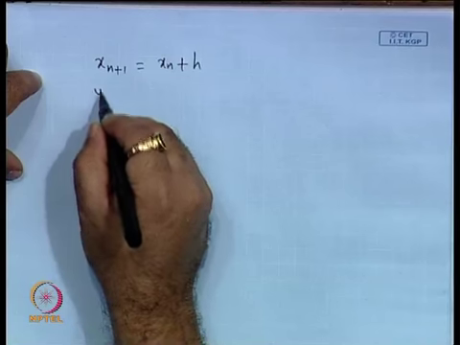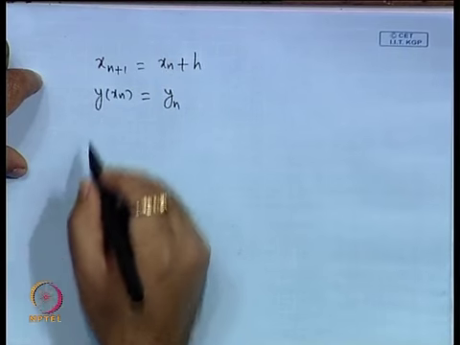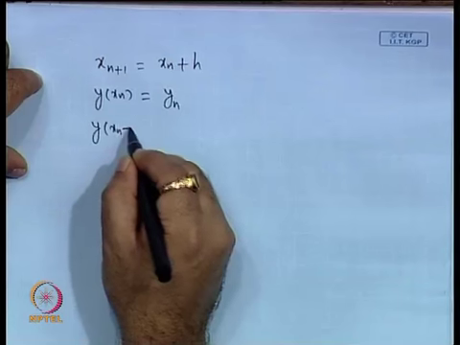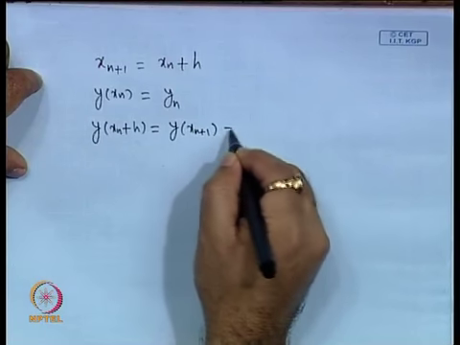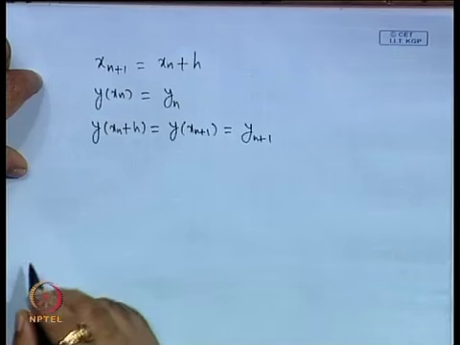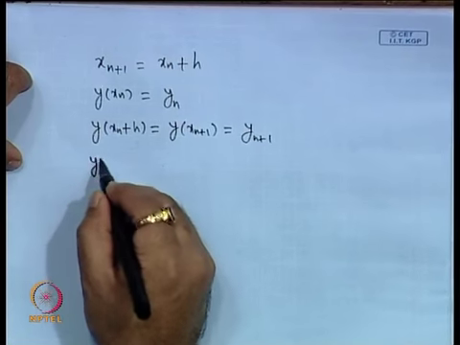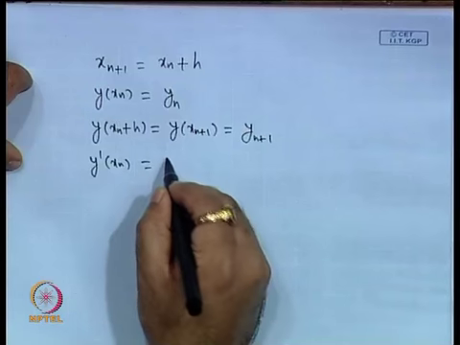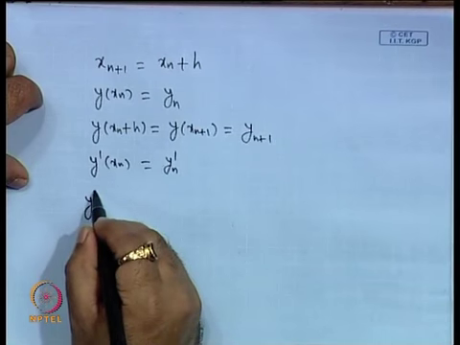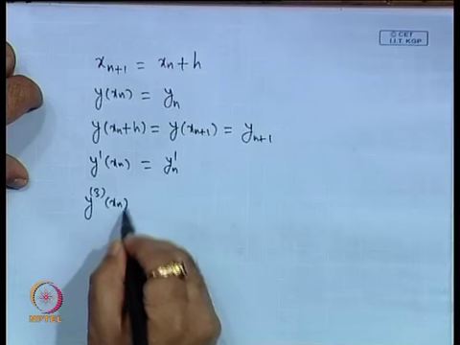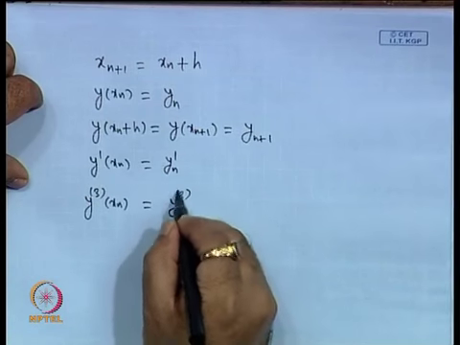So y of x n is y n, y of x n plus h is y of x n plus 1, which is y n plus 1. Then y dash of x n is y n prime. Say y 3 of x n is y n with 3 there.